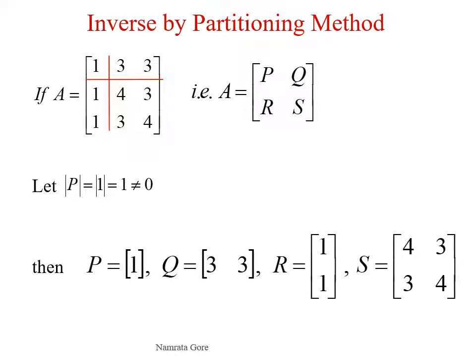So we can also partition this with P as a single element 1, Q as the row matrix 3 3, R as the column matrix 1 1, and S as the 2 by 2 matrix 4 3 3 4. But we need to remember that whenever P can be partitioned as a 2 by 2 matrix, our first preference will be partitioning it as a 2 by 2 matrix.